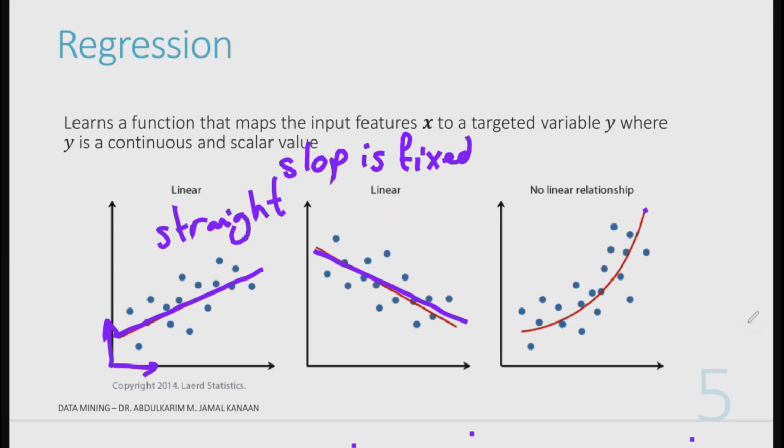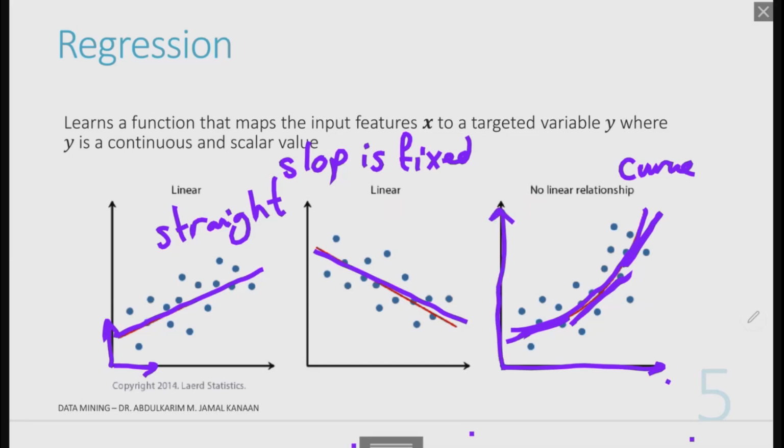If you look at a nonlinear relationship, you have a curve. So the slope here is different than the slope at this point, different than the slope at this point, and so on. The slope is changing over time. So what does it mean in real life? This is exponential, meaning as the value of x increases, the value of y increases exponentially.